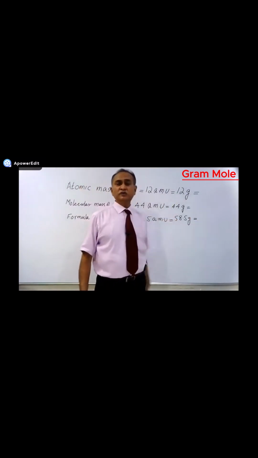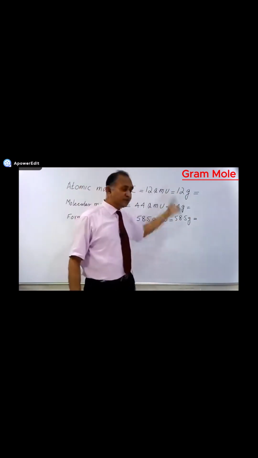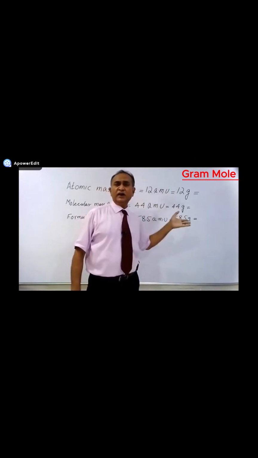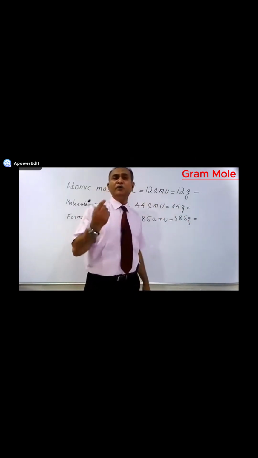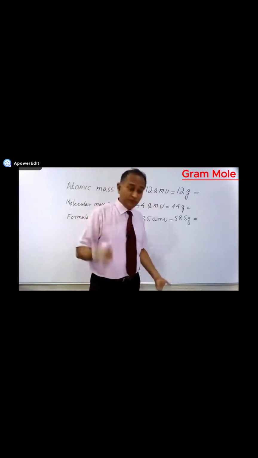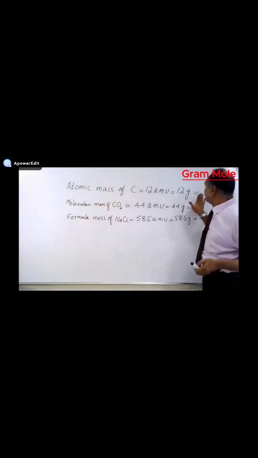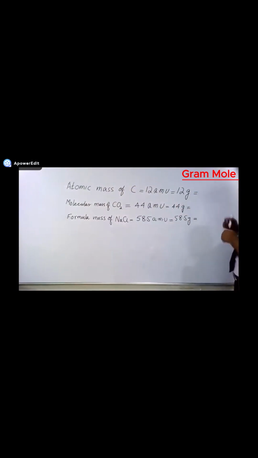According to the definition, if you represent in this way, then this will be called 1 gram mole or simply 1 mole. What does it mean? It's not so hard. What should I write here? 1 mole of carbon. 1 mole of carbon dioxide. 1 mole of NaCl.